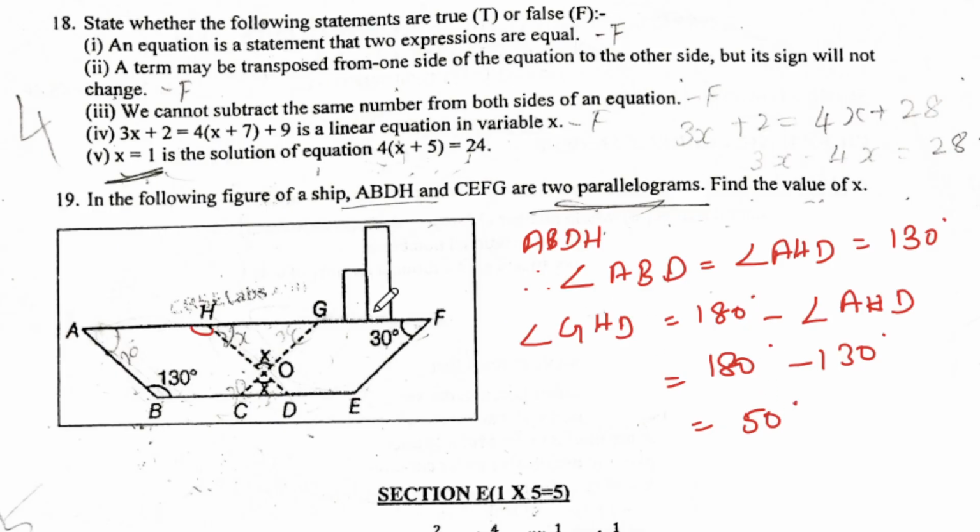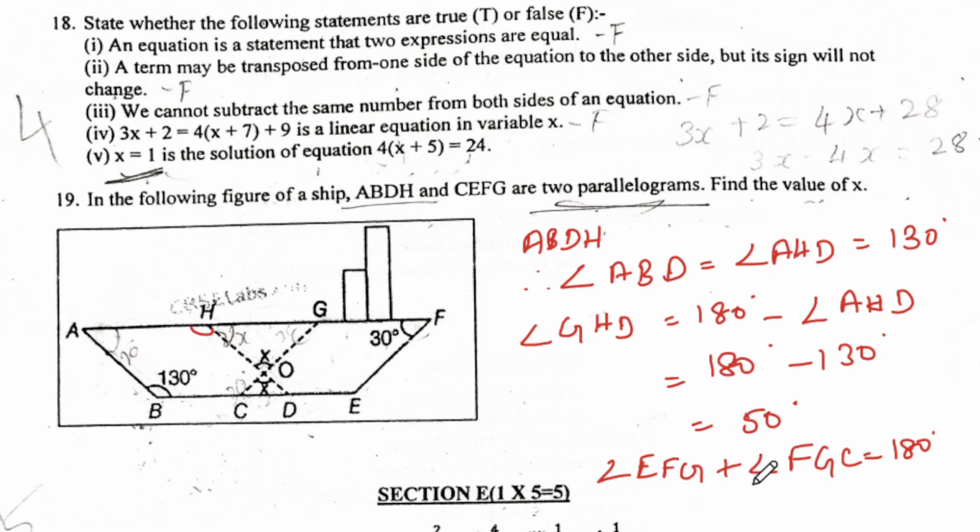Also EFG. So we have EFG plus FGC is equal to 180 degrees, the same like ABC and AHD. So same, we have adjacent angles of parallelograms are supplementary. So we all know that rule. So angle EFG plus angle FGC is 180.